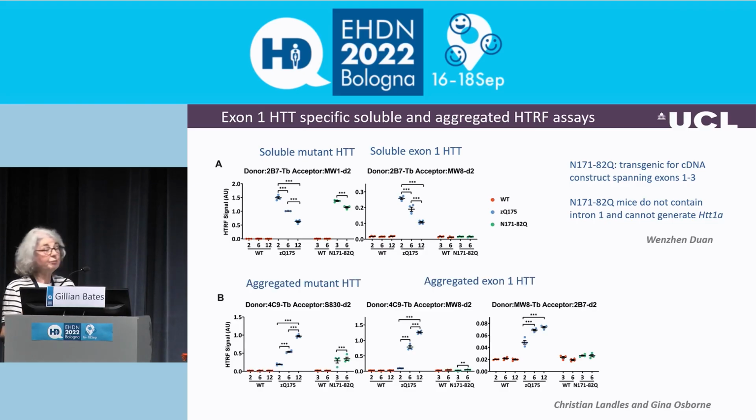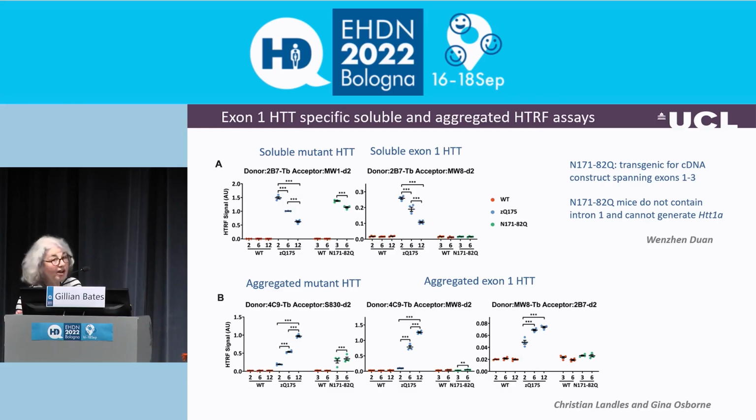But what really surprised us was that actually this also works for aggregated Huntingtin. So here's an assay that Christian developed that would detect all aggregated Huntingtin, whatever N-terminal fragment or full length was there, it would detect it. And here you can see it increases from 2 to 6 months in the knock-in mice, and it's also there in the transgenic mice.